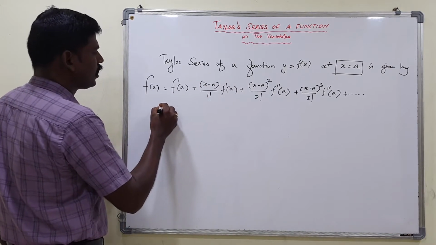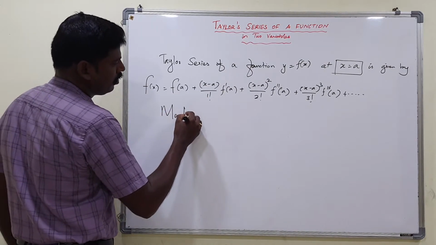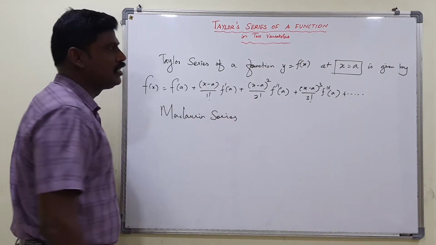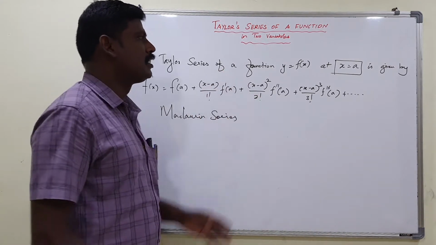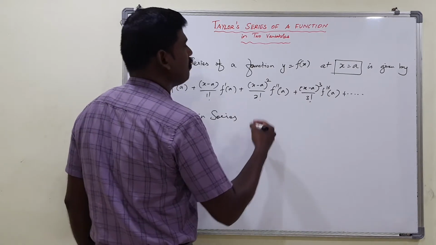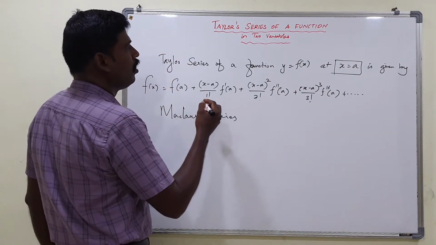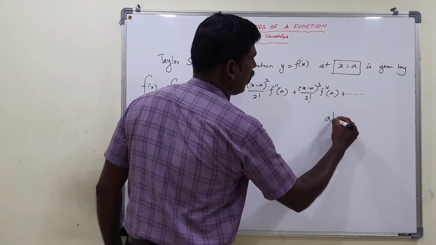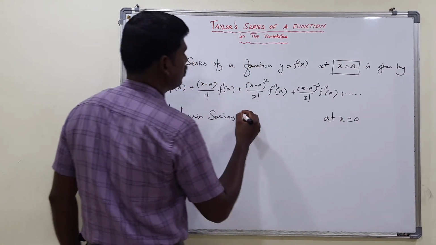Then we also studied the Maclaurin series. Maclaurin series is nothing but a Taylor series; it is a special type of Taylor series. How is it derived from the Taylor series?